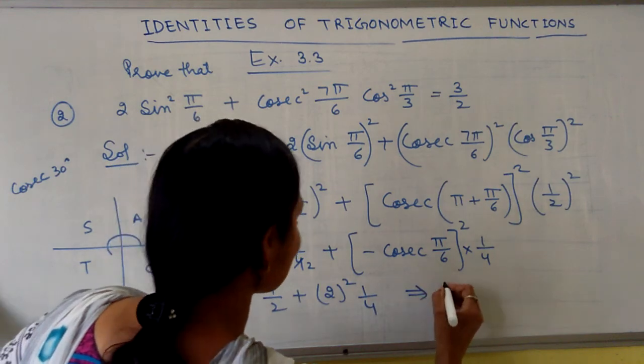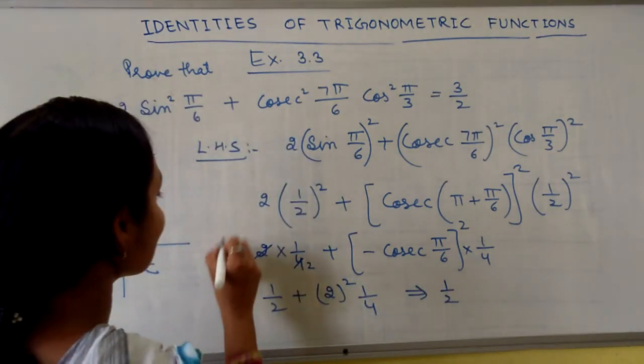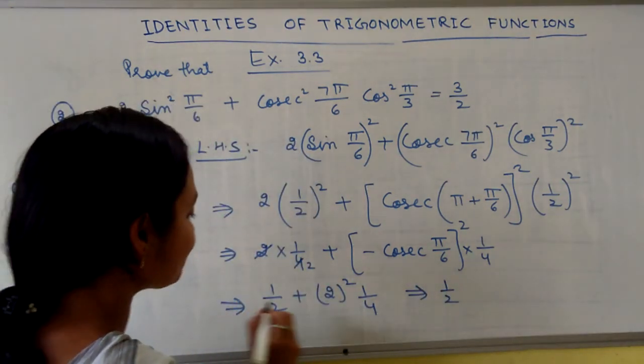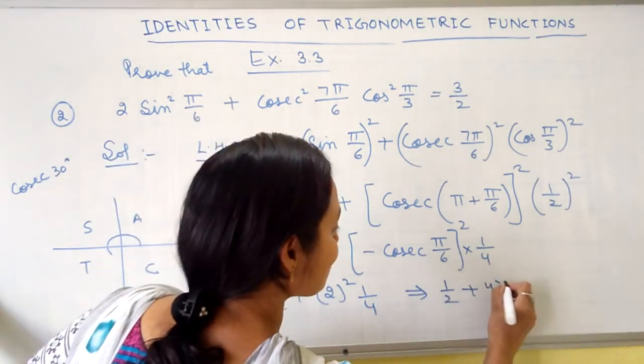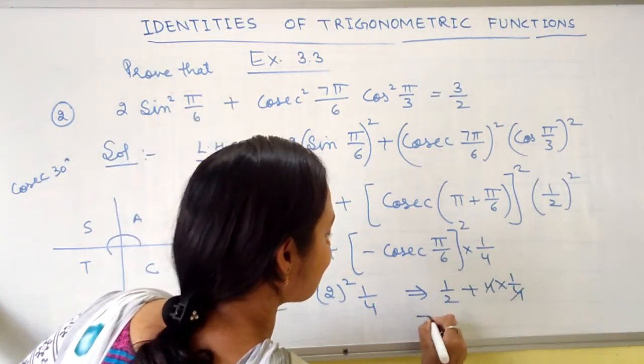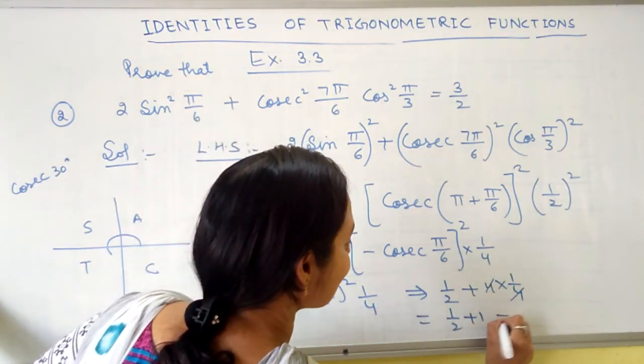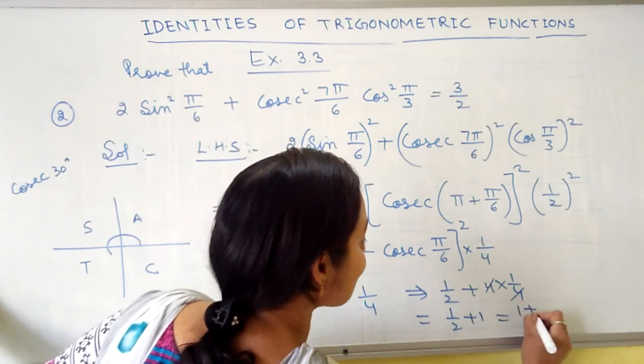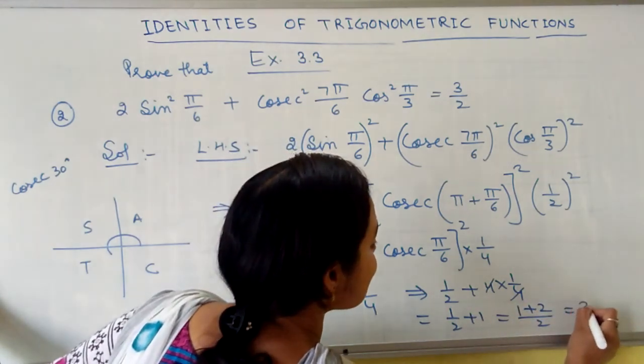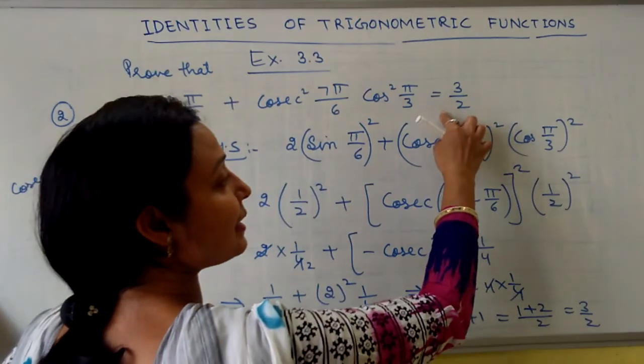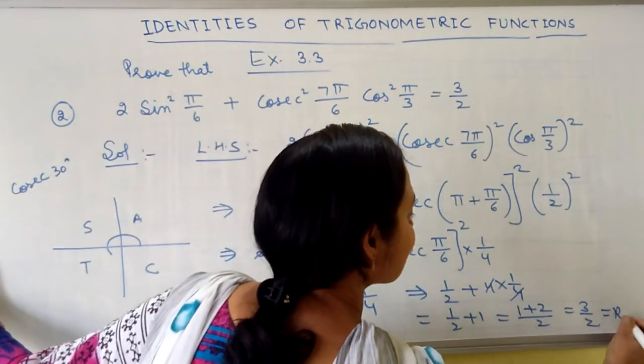So this equals 1 by 2 plus 4 into 1 by 4, which cancels to 1, so 1 by 2 plus 1. When you take the LCM, 1 plus 2 upon 2, that is 3 by 2. This is the result which we had to find.